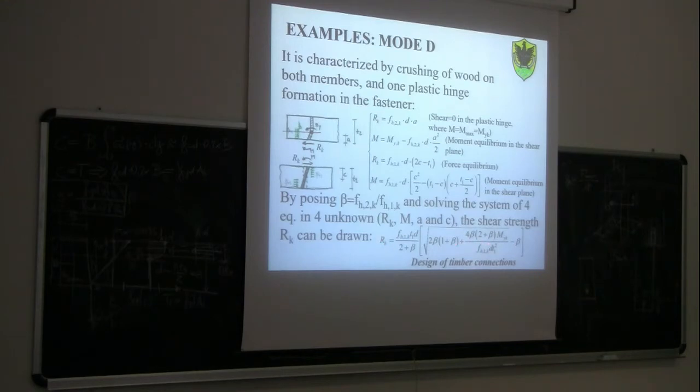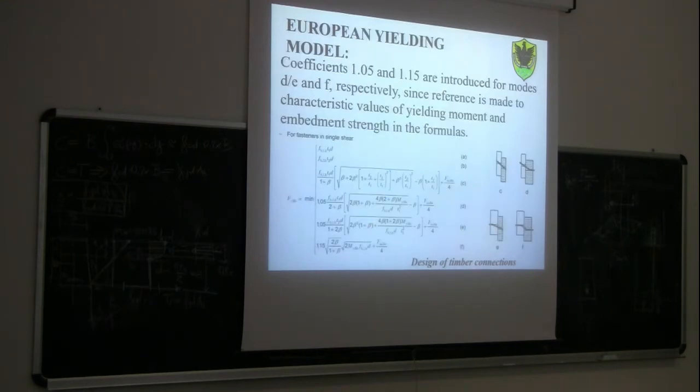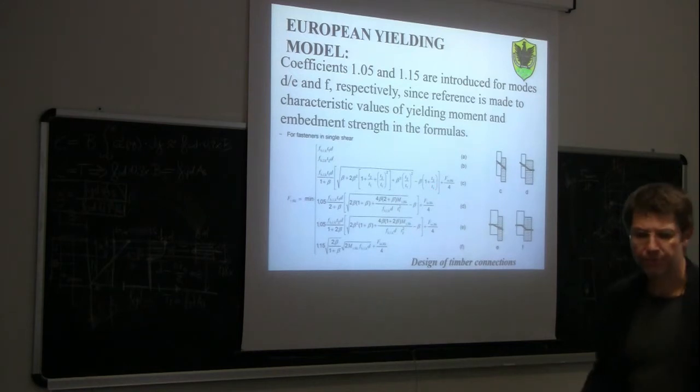In the Eurocode, you find this part, then the coefficient 1.05, and then you see plus FAX RK divided by 4. So this additional term is called rope effect, effetto corda in Italian.